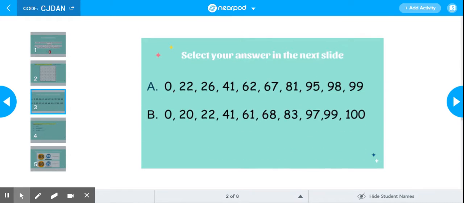Then you're going to go to the next slide and you're going to determine if the answer is A or is it B. When you have this assessment, when we're taking it, it will not be student paced, so you will not be able to go back and look at the previous slide. So when it's the previous slide and it's the 100 chart that's up there, I will give you more than enough time to write down your answer. Is it A or is it B?